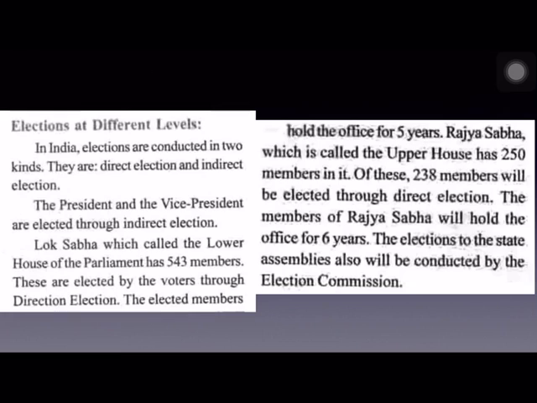The remaining 12 members in Rajya Sabha are nominated by the president from different fields. Whoever has contributed their services in the field of music, art, social service, such people are nominated to the Rajya Sabha.